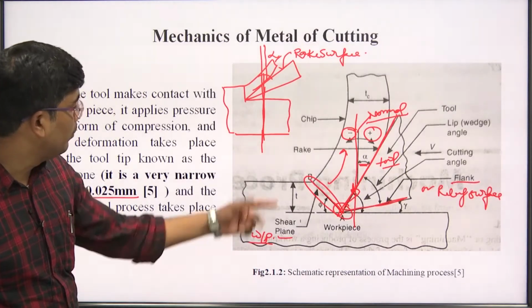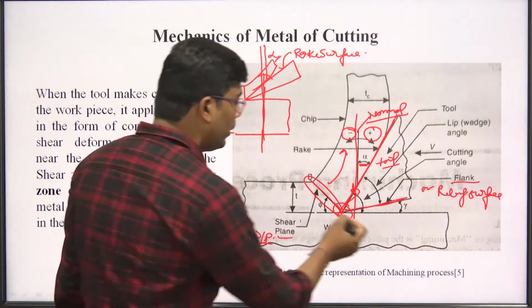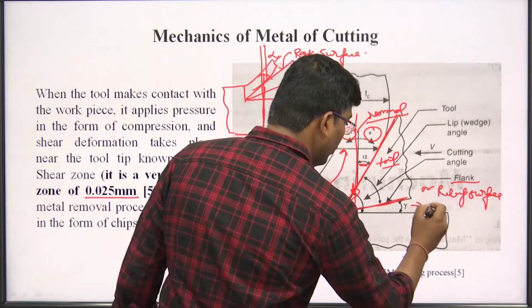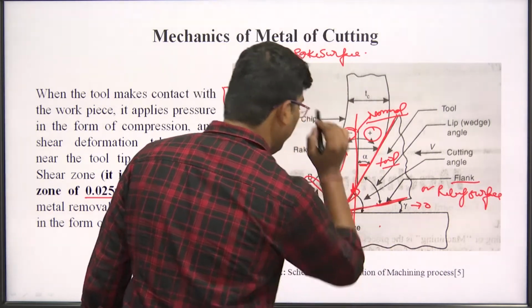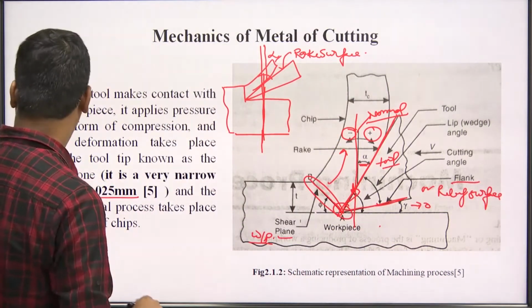वो क्यों जीरो नहीं होगा ये भी मैं आपको बता दे रहा हूँ कि if this angle tends to zero, that means this surface makes contact with the workpiece.